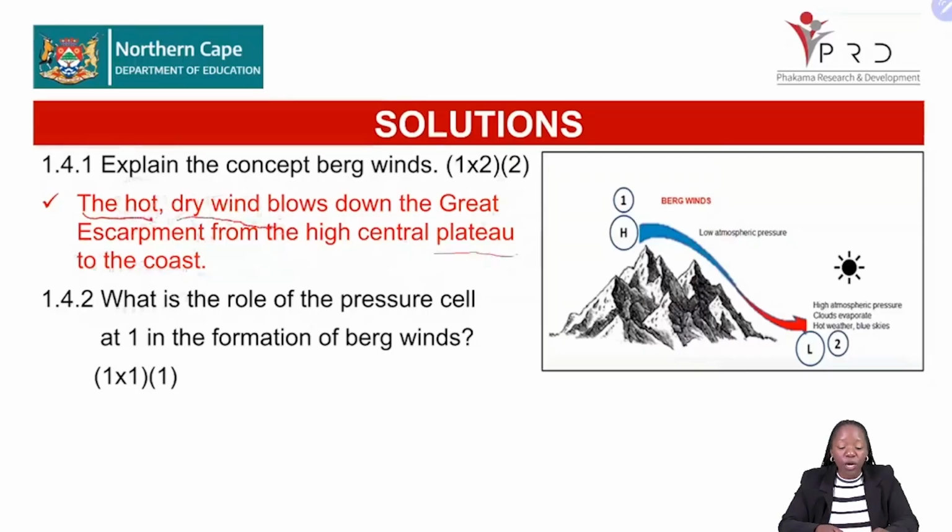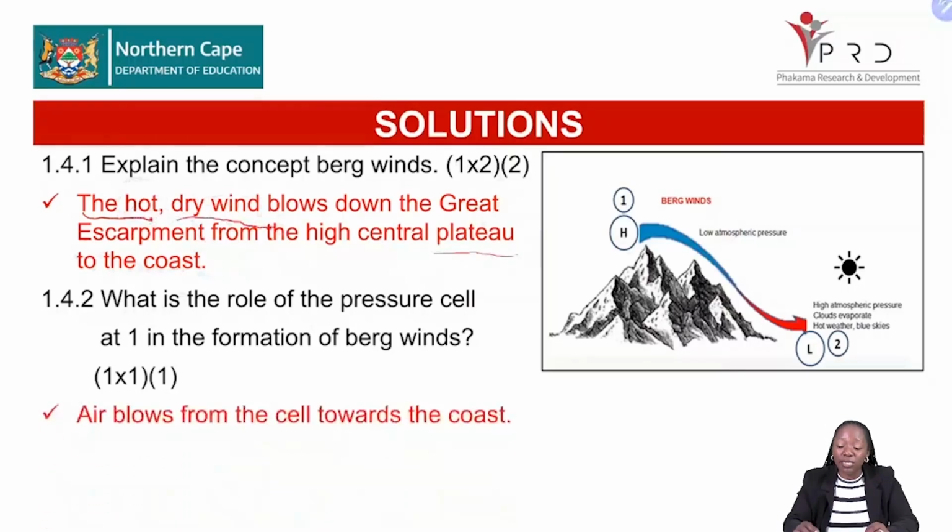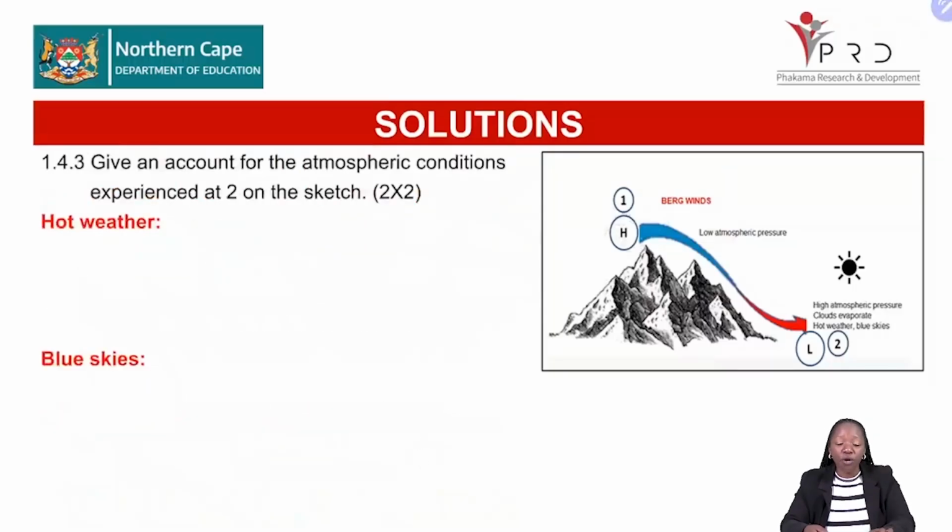Then the second one, what is the role of the pressure cell at 1 in the formation of berg winds? Remember this, this pressure cell is a high pressure that we call the Kalahari high. So the air blows from the cell towards the coast. Then your 1.4.3, you give an account for the atmospheric condition experienced at 2 on the sketch.